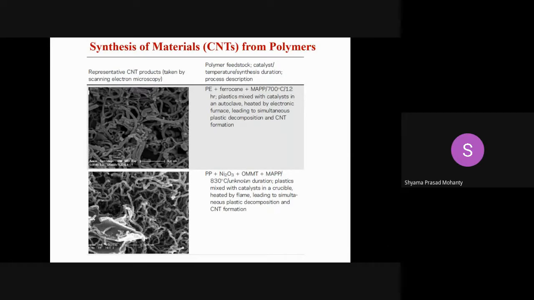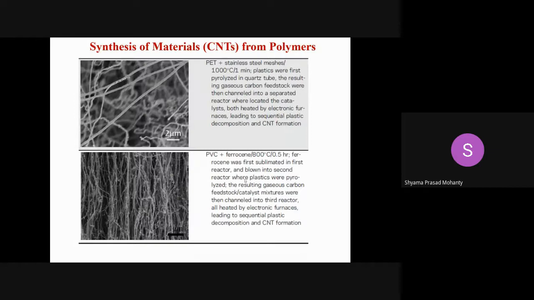If you introduce oxygen into that, then the yield will be very low, or sometimes you may not get carbon nanotubes or carbon. Mostly people have used argon, so argon can be the atmosphere for synthesizing these kinds of nanotubes.